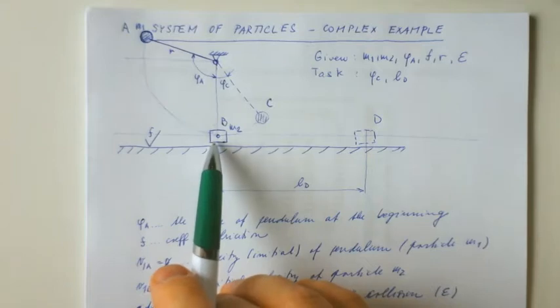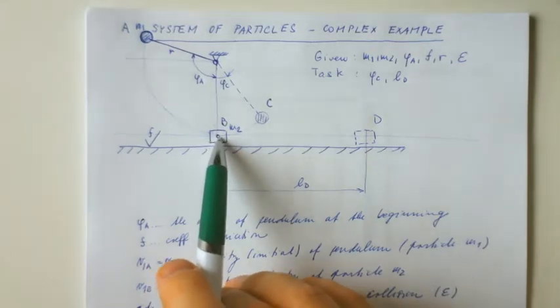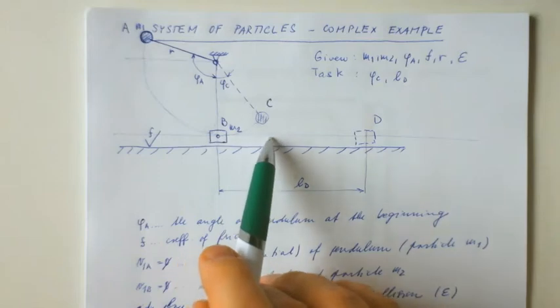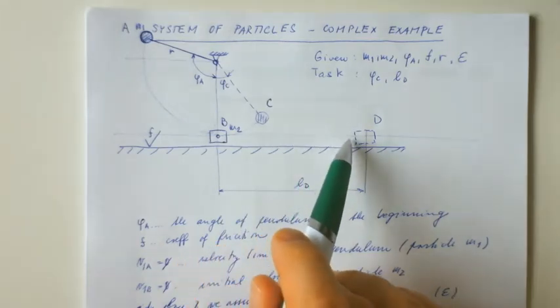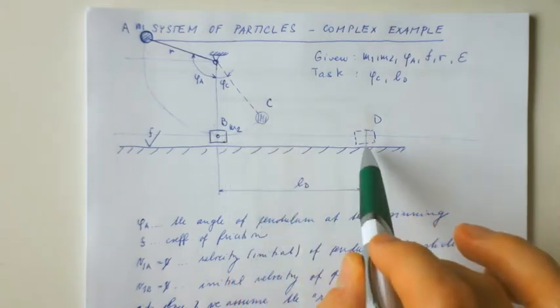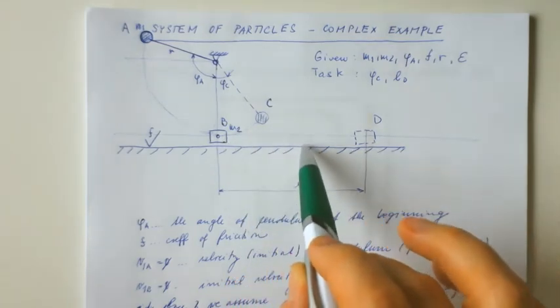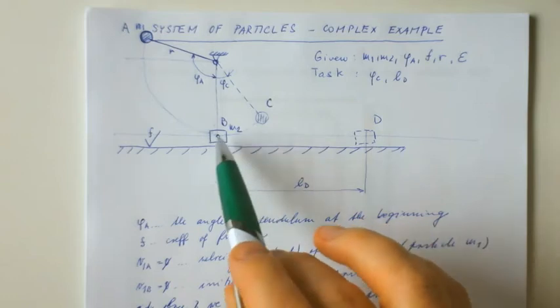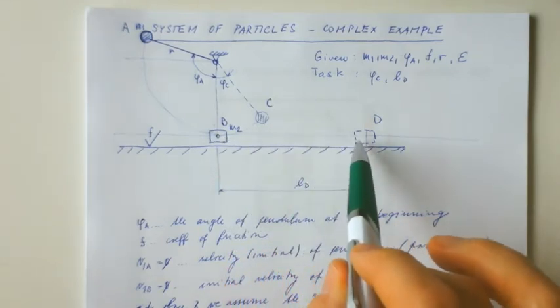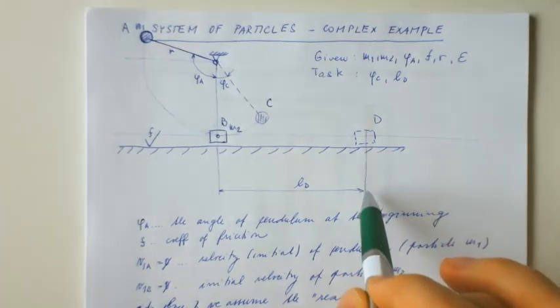The pendulum lost some energy during collision. In opposite, particle m2 got some energy from the collision and is going right with some velocity, and because the surface is rough, it will slow down until it stops finally.